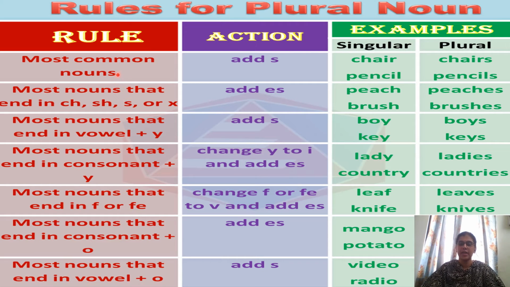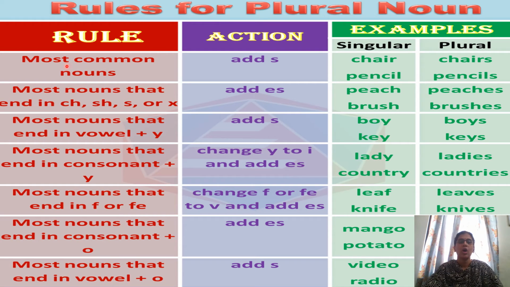Before seeing the rules, we have to remember that for any singular noun to change to a plural noun, it has to be a common noun. If it is a proper noun, then you cannot change it from singular to plural, because proper nouns are special names. So if it is a common noun, then only you can change it from singular to plural.